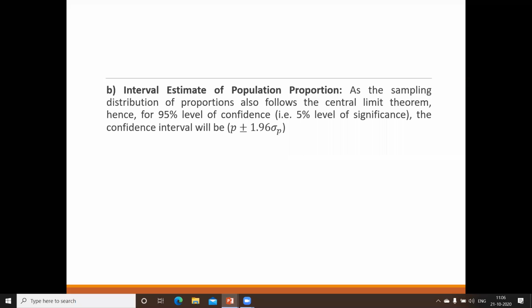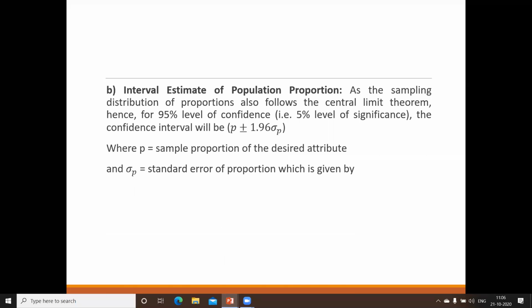Then we have sigma p, which is your standard error of proportion, and it has a formula, so you can note that down as well. Sigma p equals square root of pi into bracket 1 minus pi divided by small n, where small n is your sample size and pi is your population proportion.